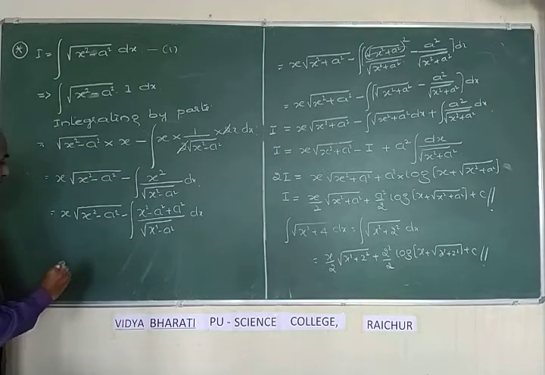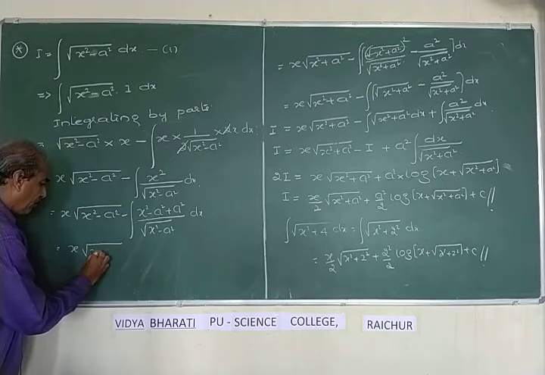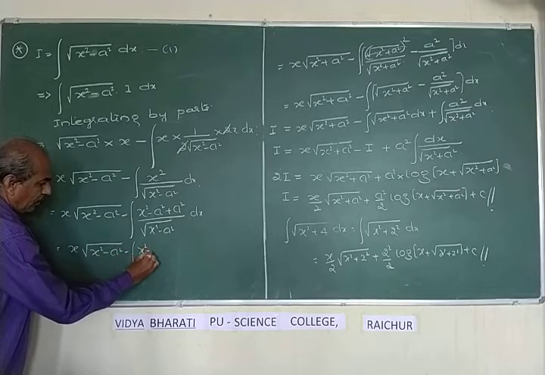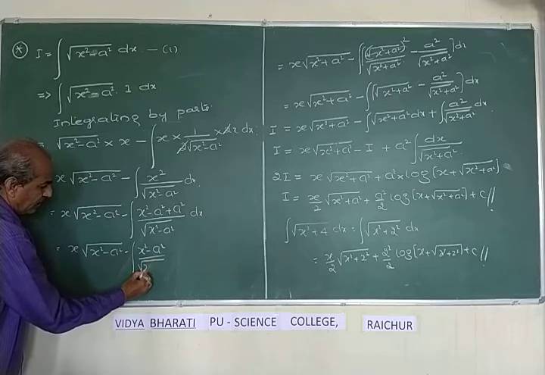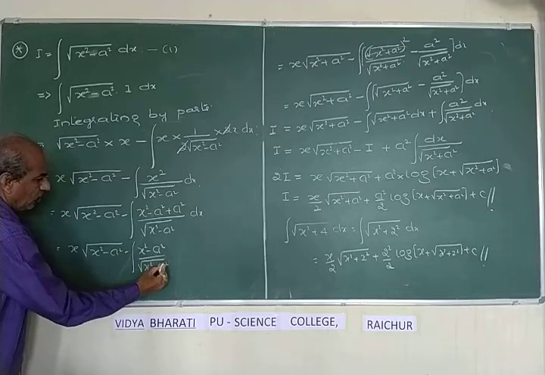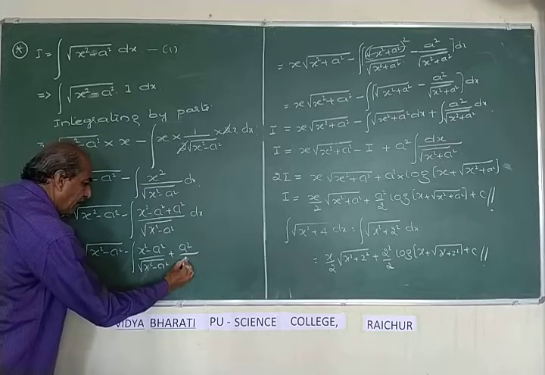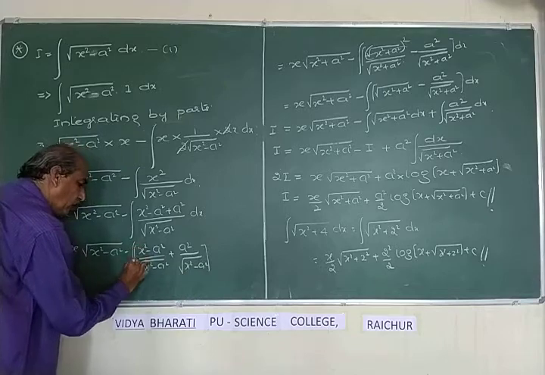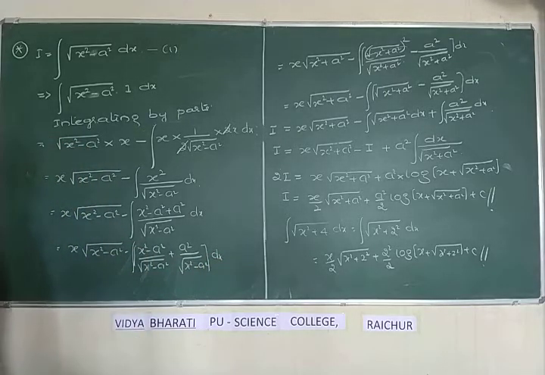Okay. Now separate the denominators. x into root of x square minus a square minus integral of, so here the same thing what we did earlier, x square minus a square by root of x square minus a square plus a square by root of x square minus a square, whole bracket into dx, right?